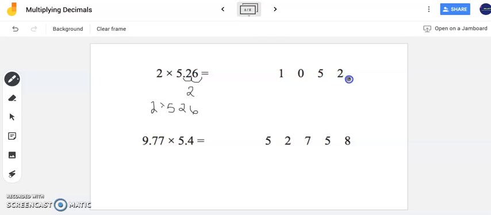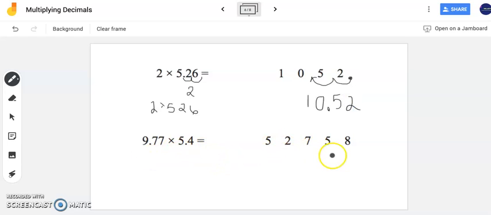Now you need to go into your final answer and look at the end and look at where your decimal point is going to be. Every whole number has a decimal point at the end of the number. If I multiplied by 100 in my question, I'm now going to divide by 100 in my answer, moving that decimal point over 2 places to the left, giving me 10 and 52 hundredths.